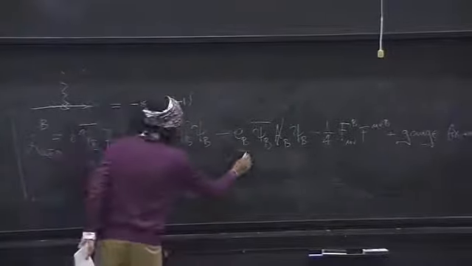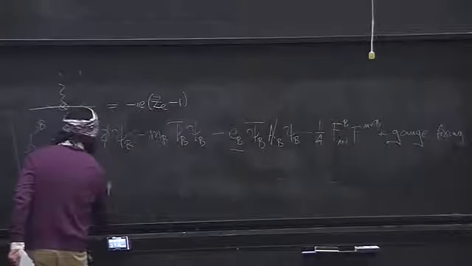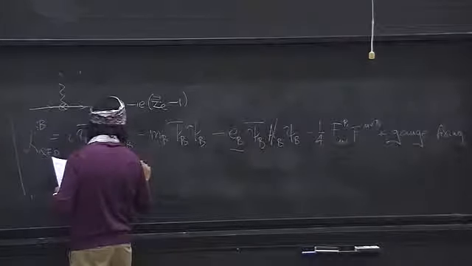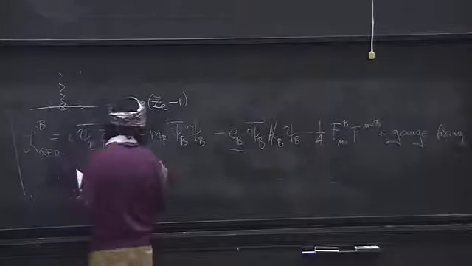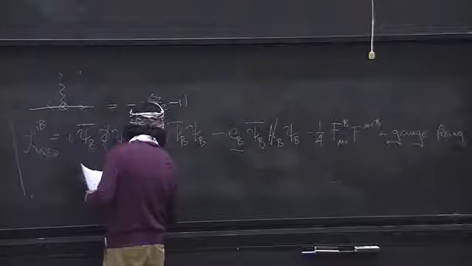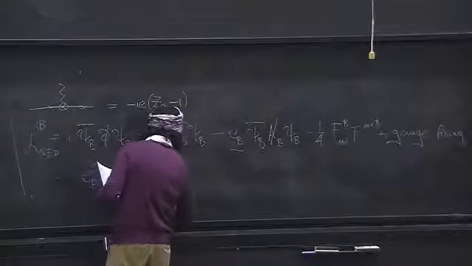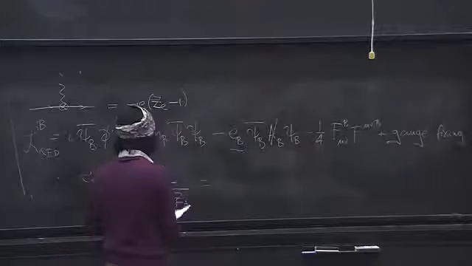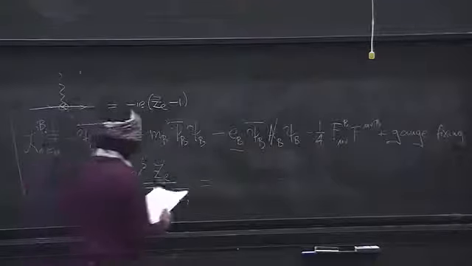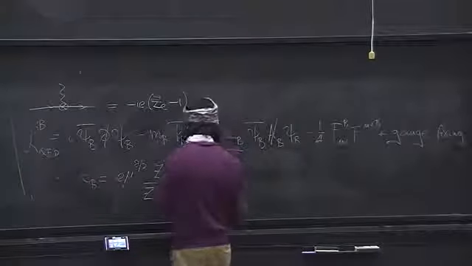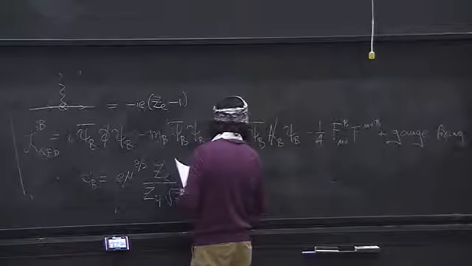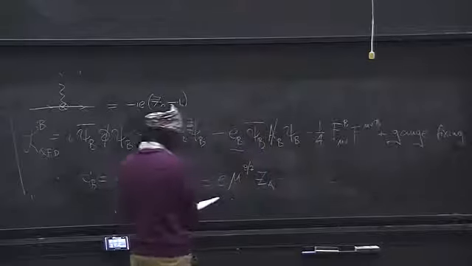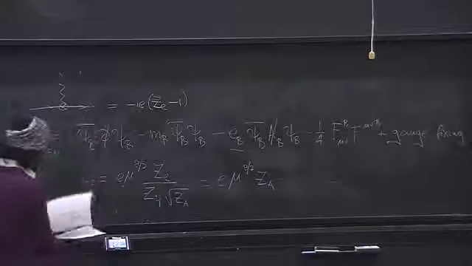Here, E_B is a new quantity that is defined as E mu to the epsilon over 2 times Z_E over Z_psi times the square root of Z_A. And because we're only interested up to order epsilon E squared, this turns out to be this thing. I think that's correct.